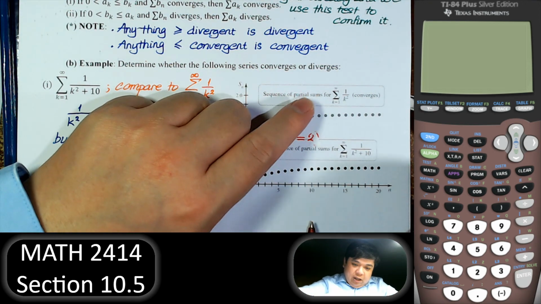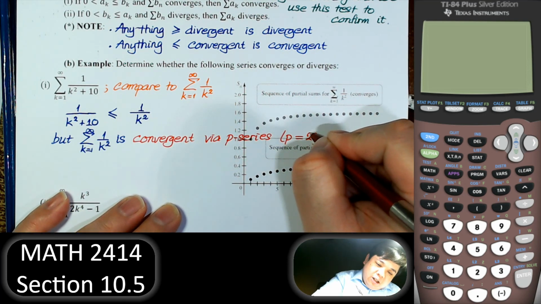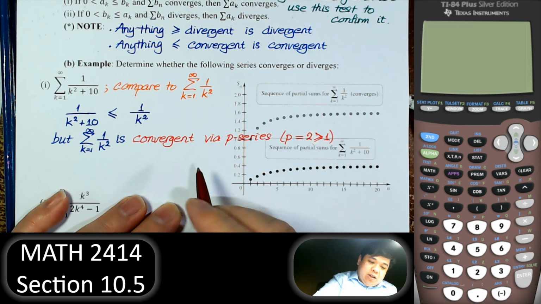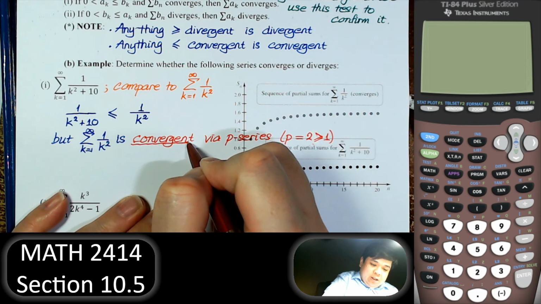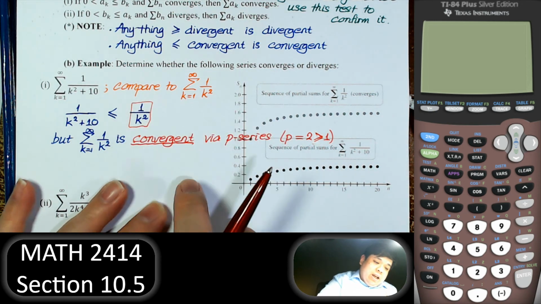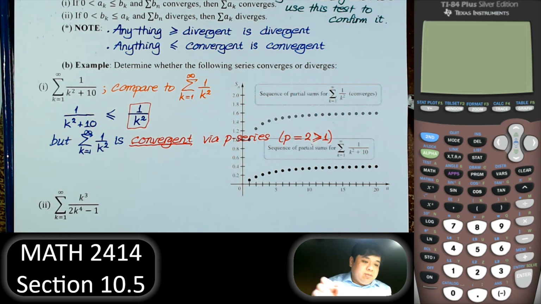That's why I reviewed this before we actually go to this section. So if P is greater than or equal to 1, it is convergent. Now, this one is convergent, and that is less than it, so it is also convergent.